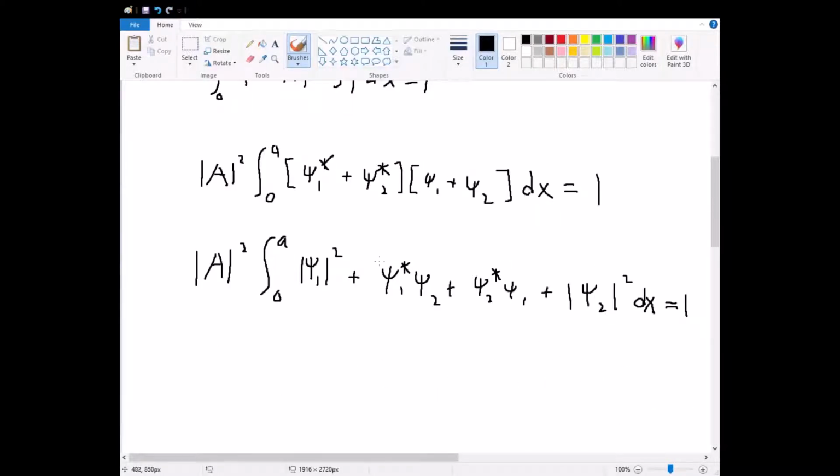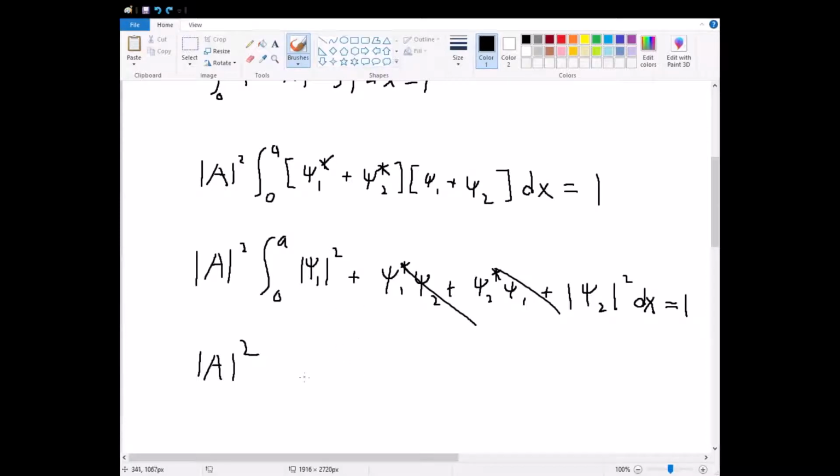From here, this should be trivially easy, because due to orthonormality, the integrals of the middle terms instantly go to 0 because they have different n values. So now we have magnitude of A squared, and the middle terms equal 0 due to orthogonality, and the first and last terms equal 1 due to normality.